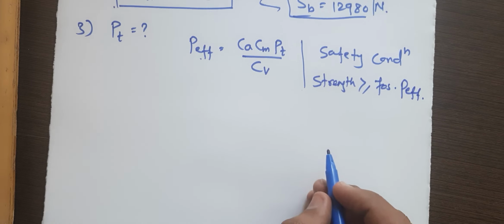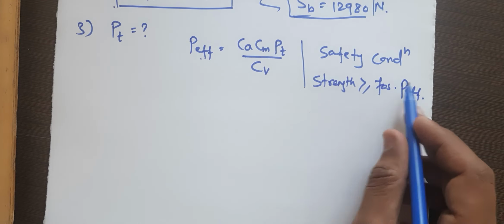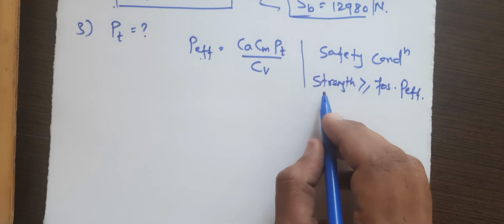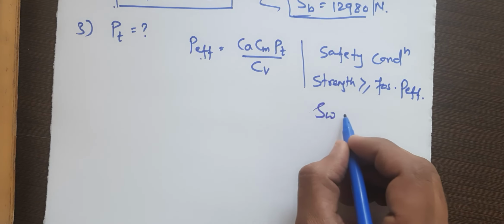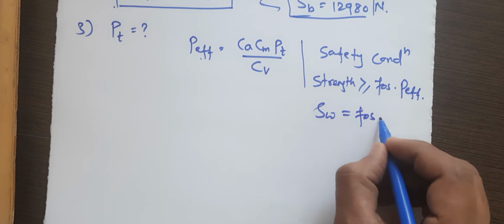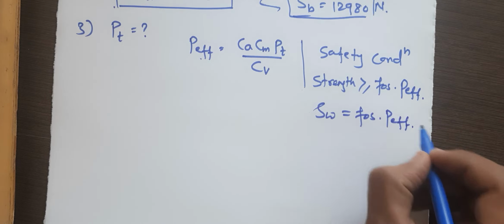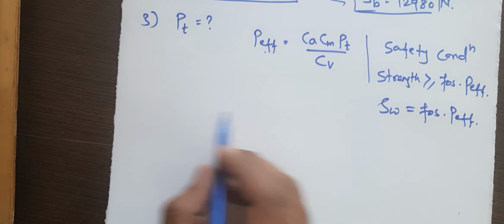So this is our safety condition. From this condition we will calculate P effective. We equate the lower strength, SW, equal to factor of safety into P effective.